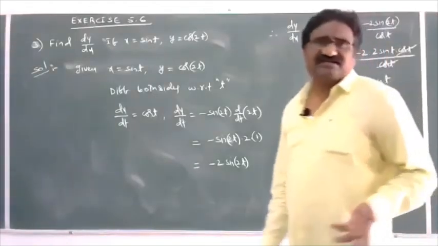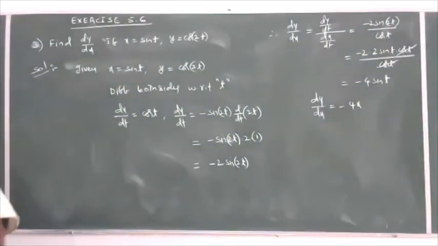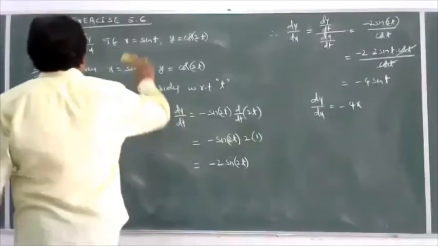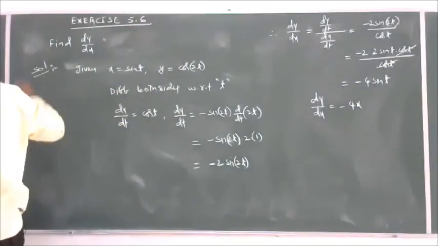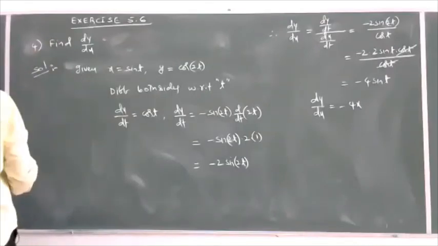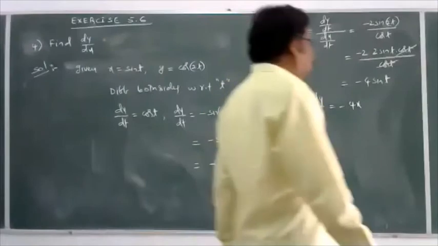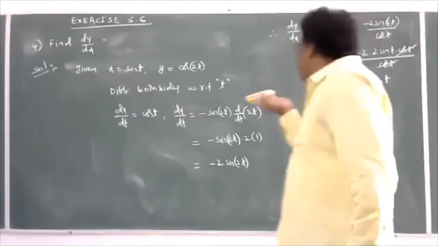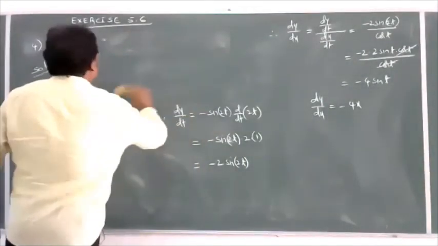That is also correct. So dy by dx is equal to minus 4 sin t or minus 4x. That's the third problem. Yes, fourth problem.